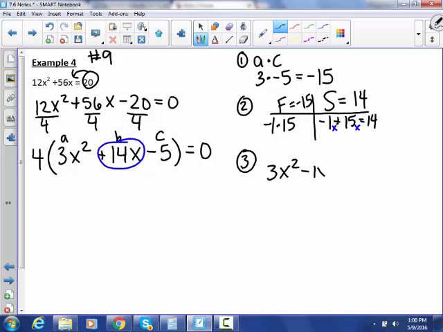So negative 1x plus 15x, and then go ahead and put the negative 5. Equals 0. I'll come back and put that in a minute once we finally figure out what our factors are. Okay? So now remember, we group the first two and we group the last two.